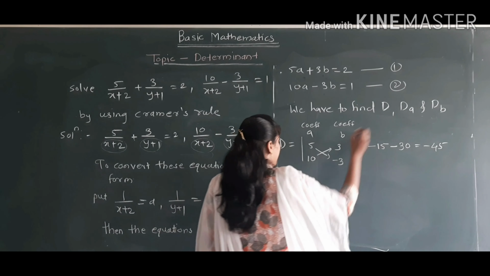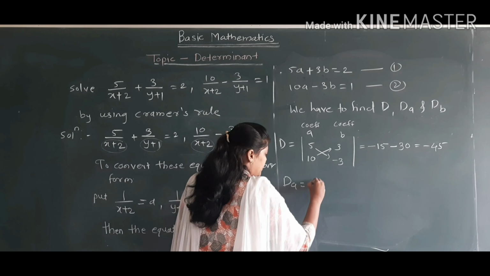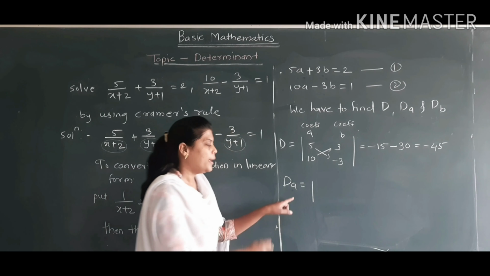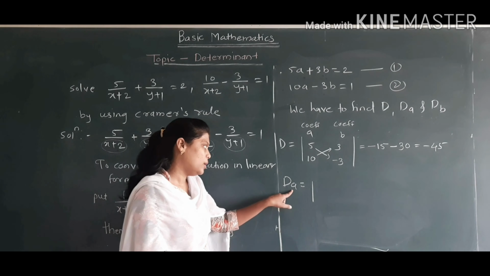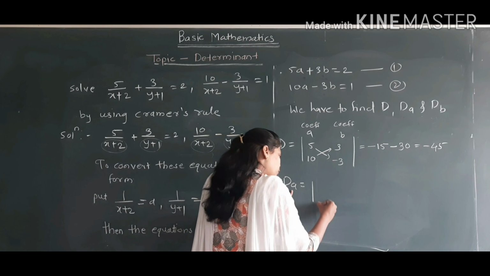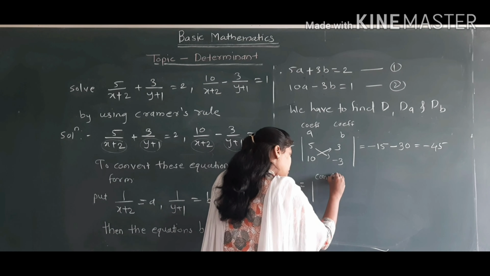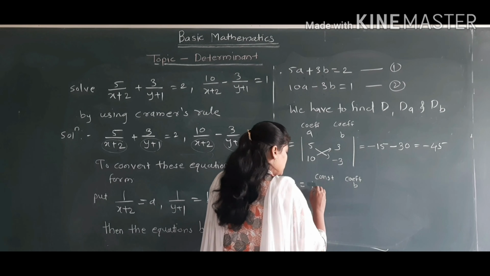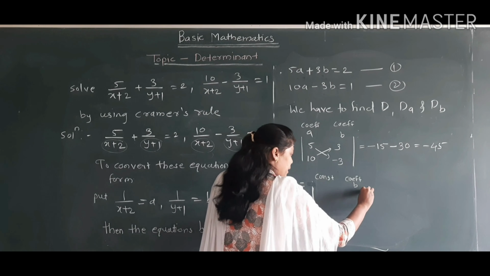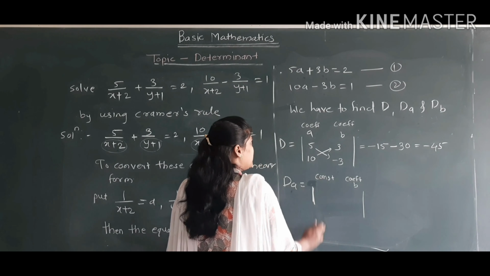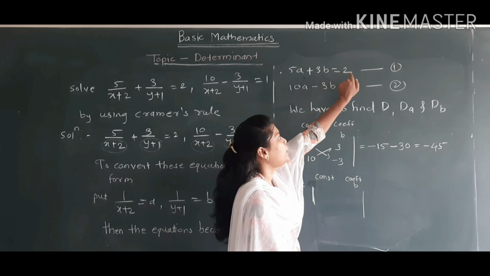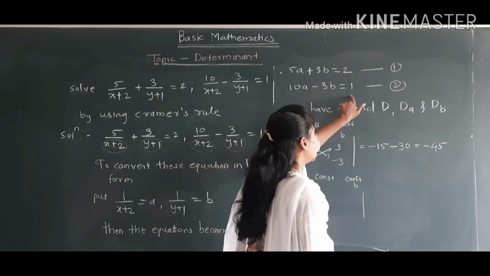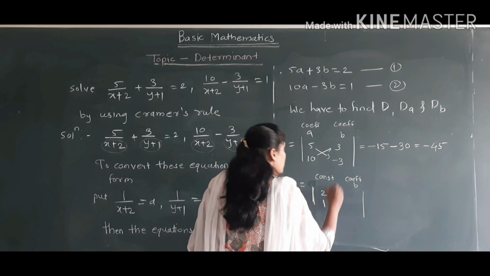Next dA. In dA we have the variable a, therefore replace the coefficient of a by the constants, and the coefficient of b stays as it is. The constants are the right side of the equations, that is 2 and 1.